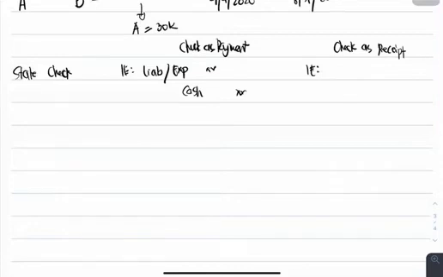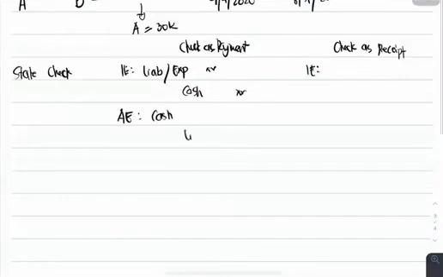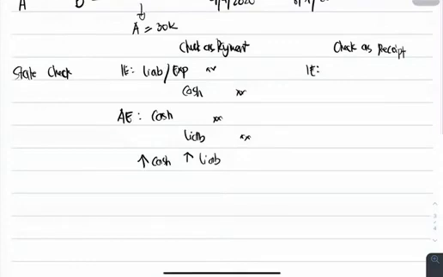So what is your adjusting entry? Your adjusting entry whenever there is a stale check is you debit cash and you credit liability. That's why your stale check as a payment increases cash, increases liability. Okay? So that is if you issued a stale check.